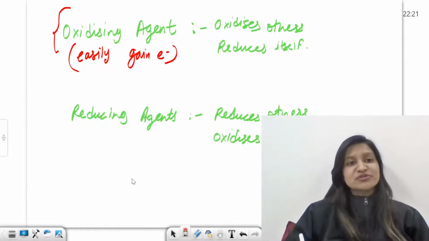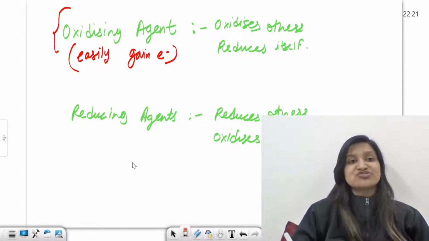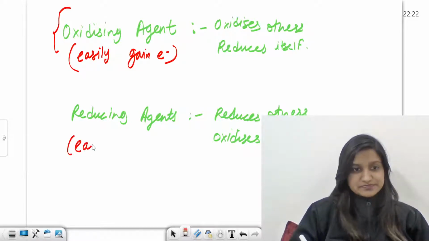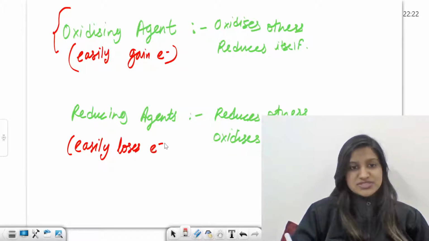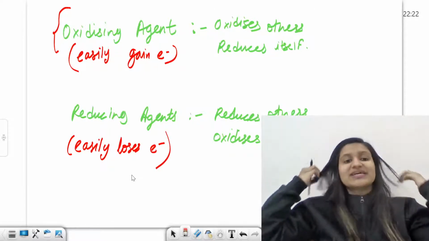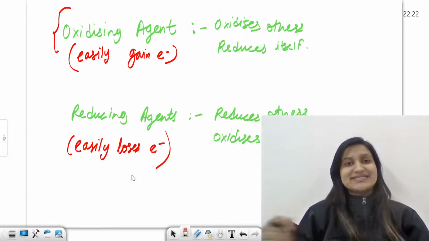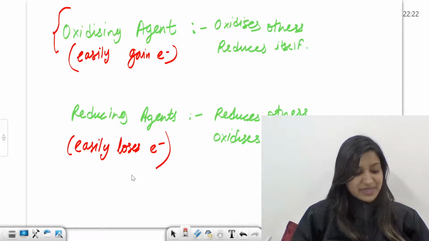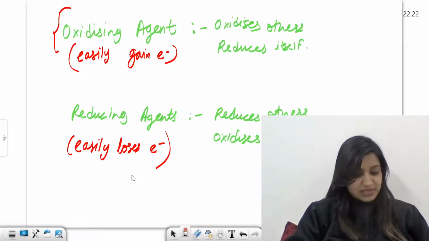And in case of a reducing agent, what would it do? It would easily lose electrons, because it is getting oxidized itself. That's why.